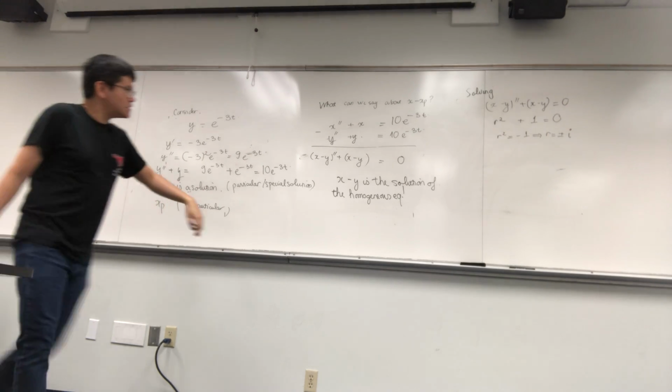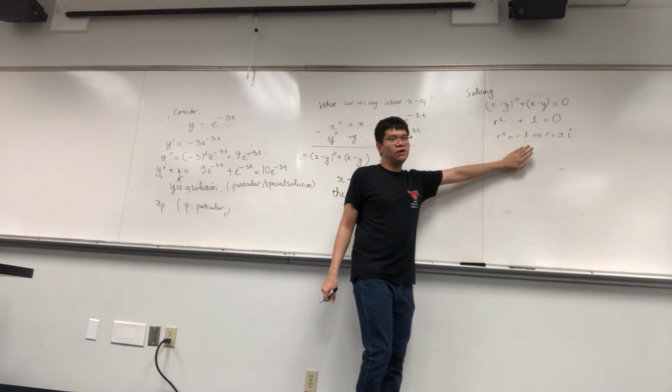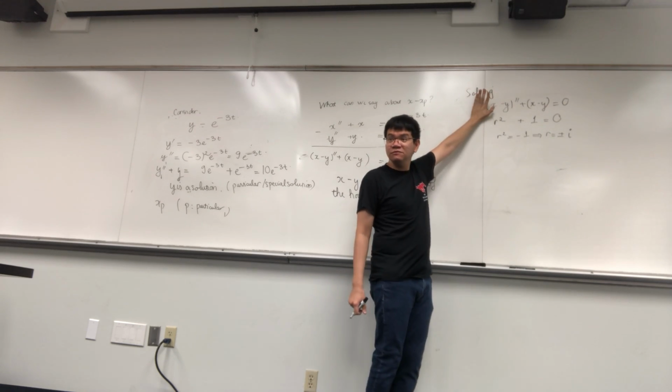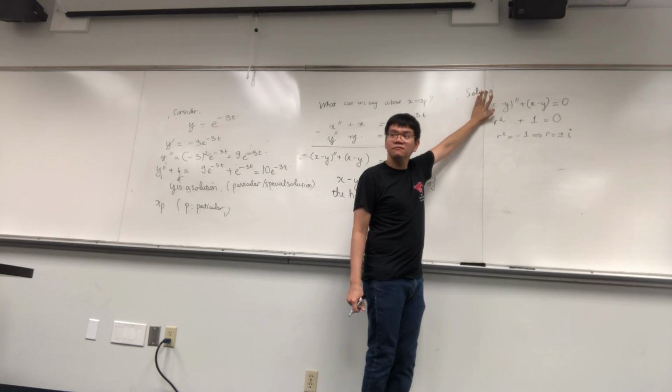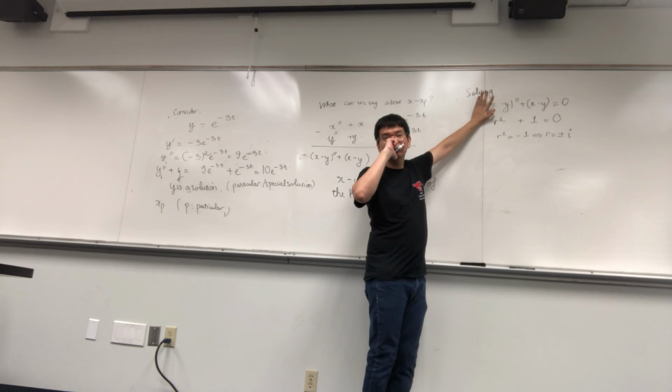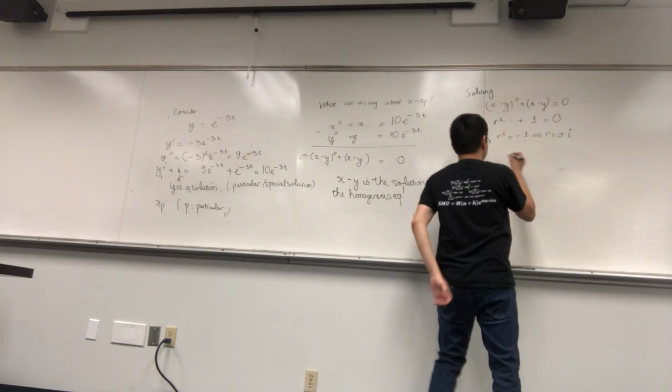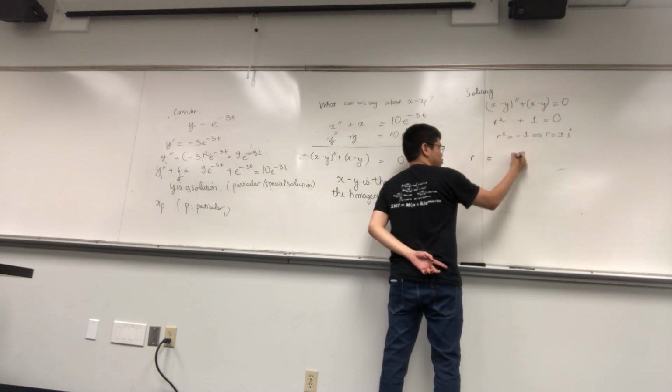Now, what are the two solutions of this homogeneous equation? Would it be e to the i times t? E to the it, yes. And what is e to the it? It's cosine plus sine. So we still use the same strategy.